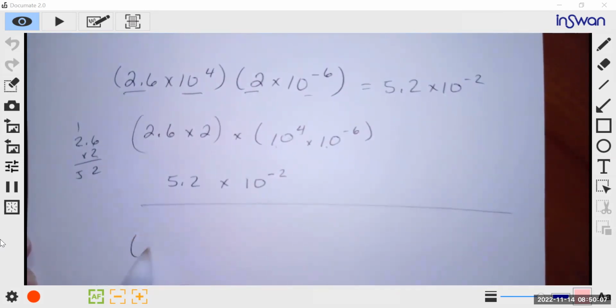Let's look at another one. 3 times 10 to the 5th times 10 to the negative 7th.